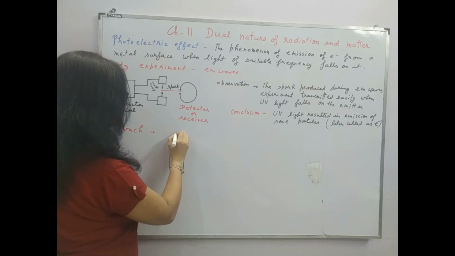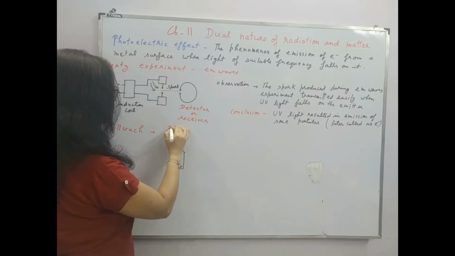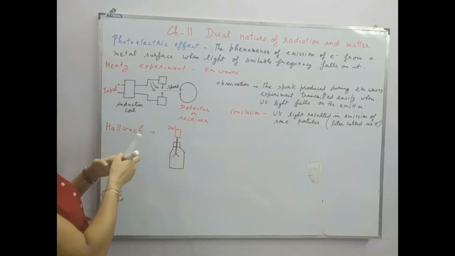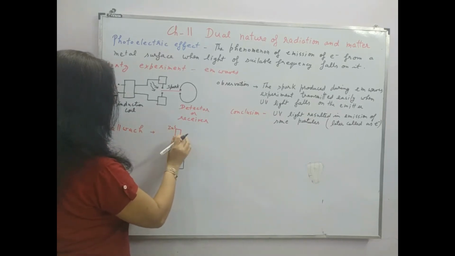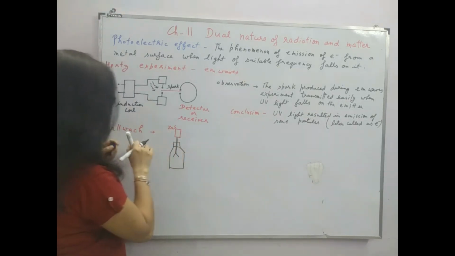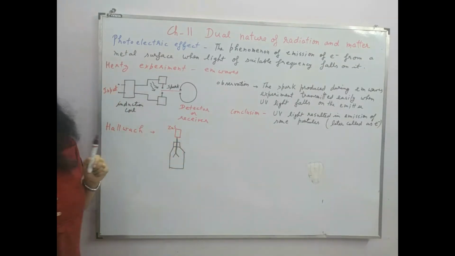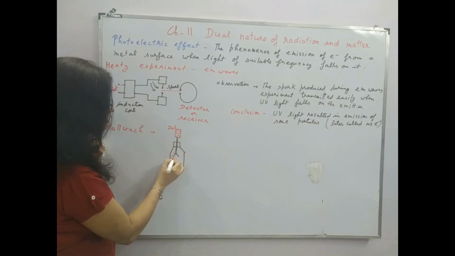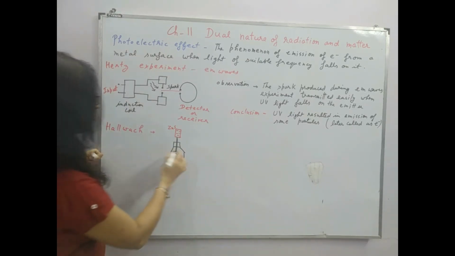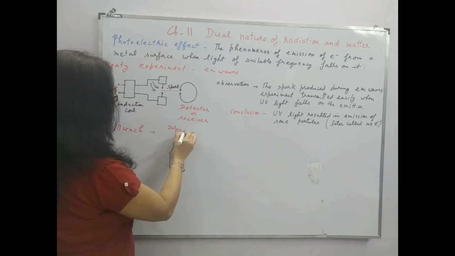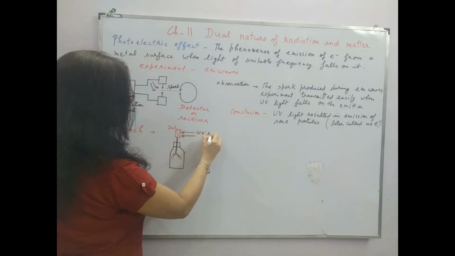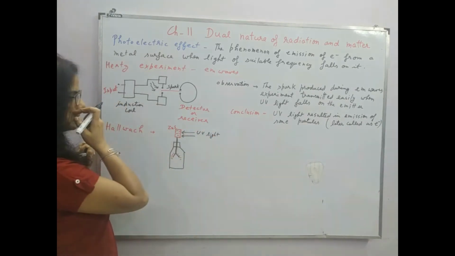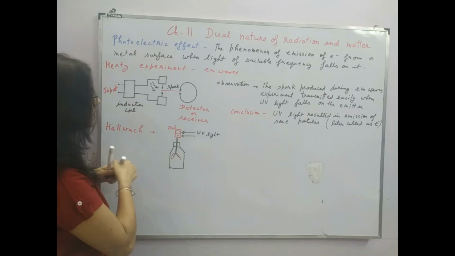Now this metal knob is connected to a zinc sulfide plate, and he observed that when UV light falls on this already negatively charged zinc sulfide plate, where there was already a divergence in the gold leaf electroscope, the divergence decreases.